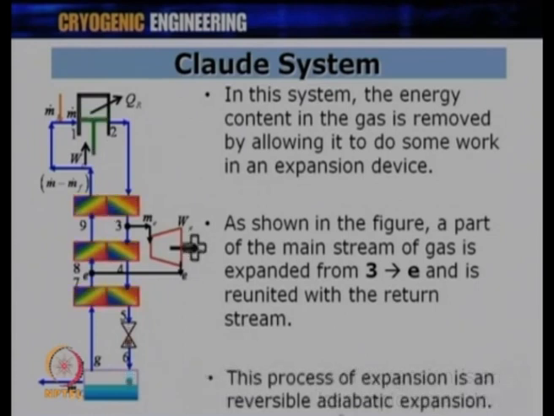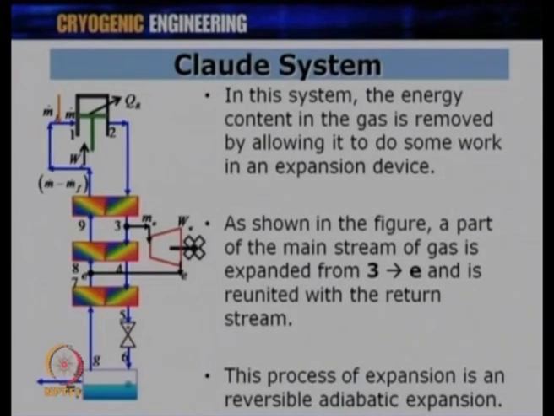This process of expansion is a reversible adiabatic expansion. That is what we are talking about, ideal expansion in this case. However, it will have its own efficiency, and therefore, it will not be a clearly 100% isentropic expansion, but as of now we will take it as 100% isentropic, and we will worry about the irreversibilities later.